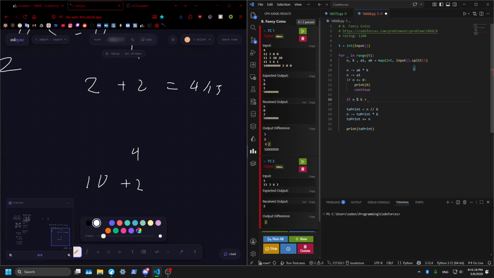When is it better to add back and when is it not? It's always better to add back, no?